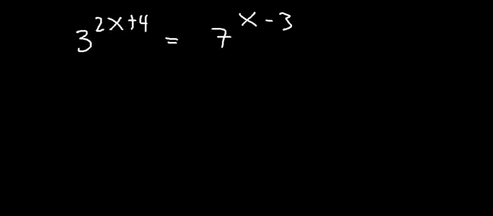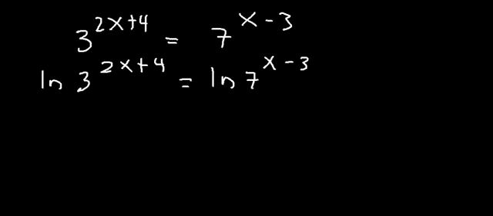Now what about this particular problem? Let's say you have 3 to the 2x plus 4 is equal to 7 to the x minus 3. You know we need to take the natural log of both sides, but I think you should try this problem because there's a lot more work involved. What we're going to do is move the exponents to the front.